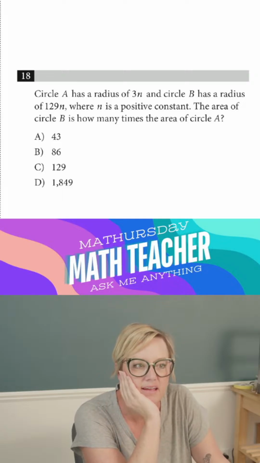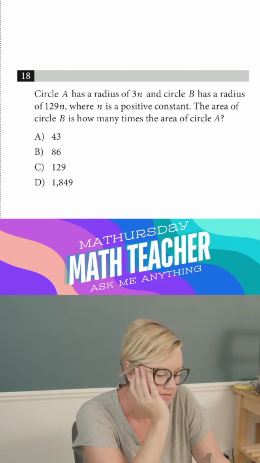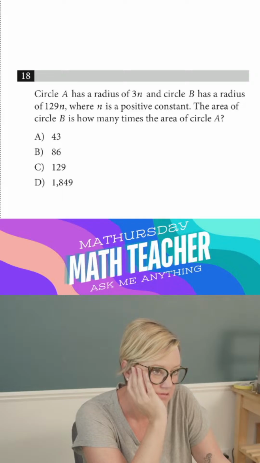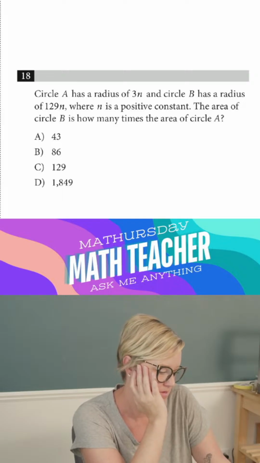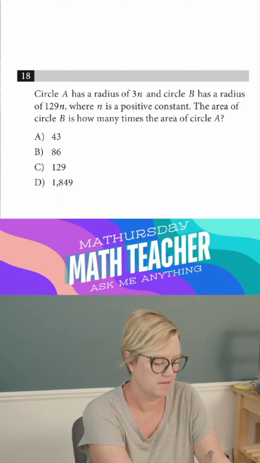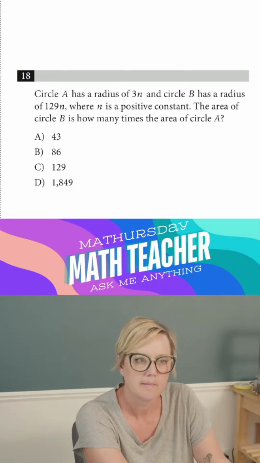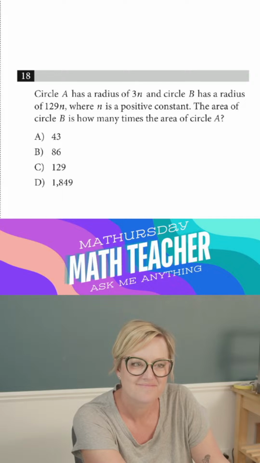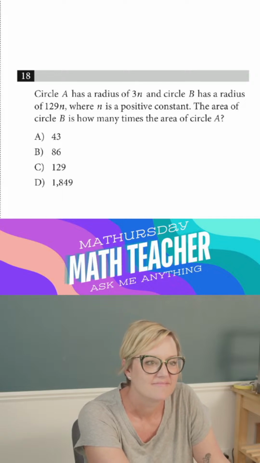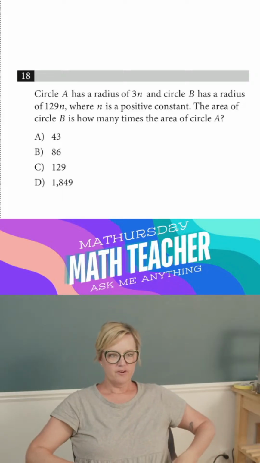Okay, we've got A, B, E, B. Oh, I feel like we've got a little bit of everything.